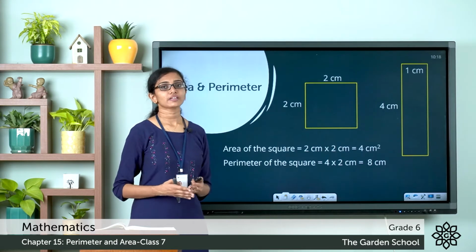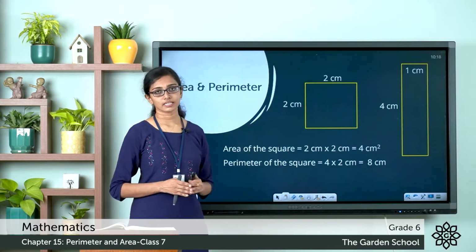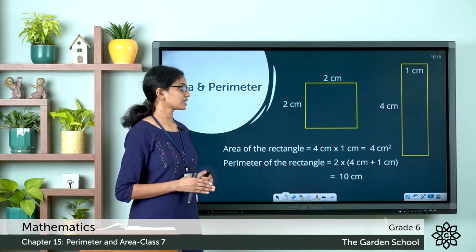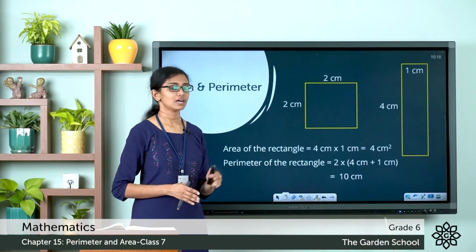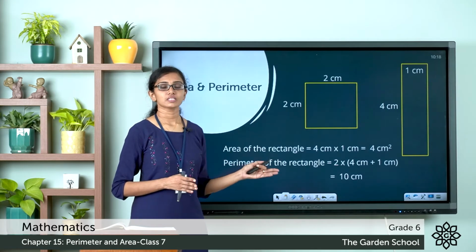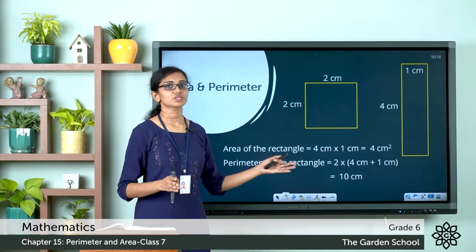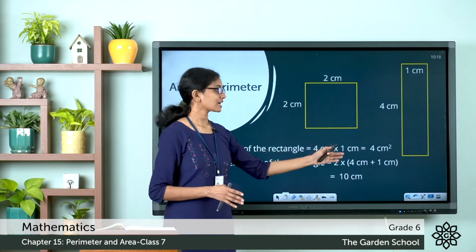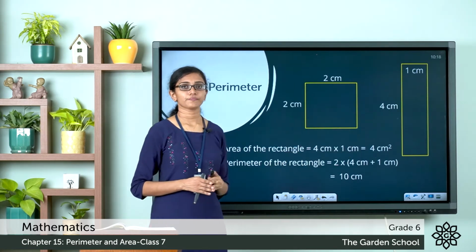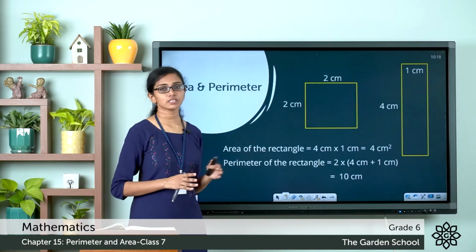Now, let's find out the area and perimeter of the rectangle given here. For the rectangle, length is equal to 4 cm, breadth is equal to 1 cm. Hence, the area is equal to length into breadth, which is equal to 4 cm into 1 cm, and that equals 4 cm square.